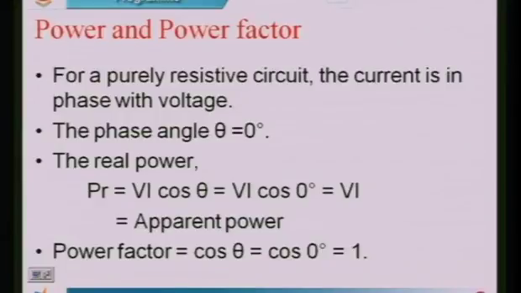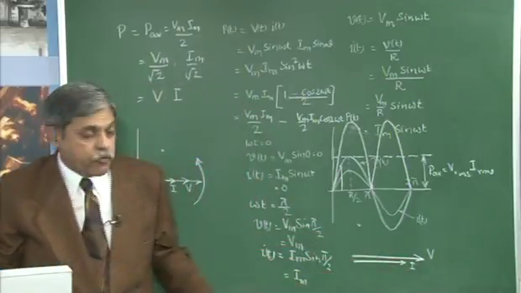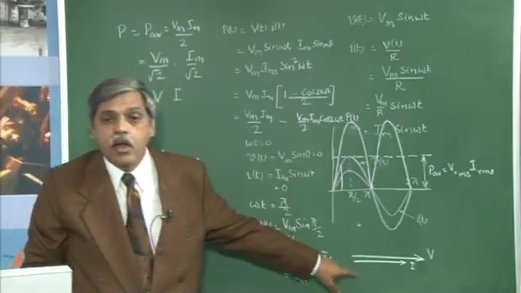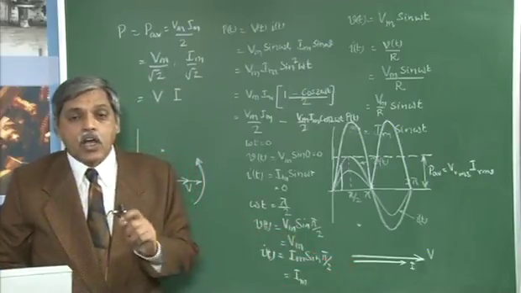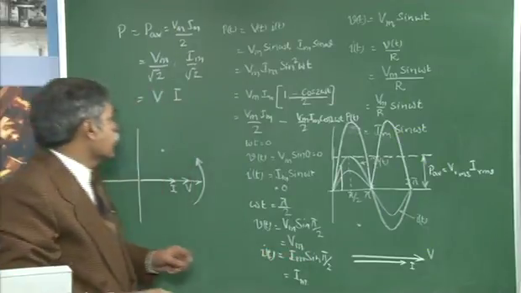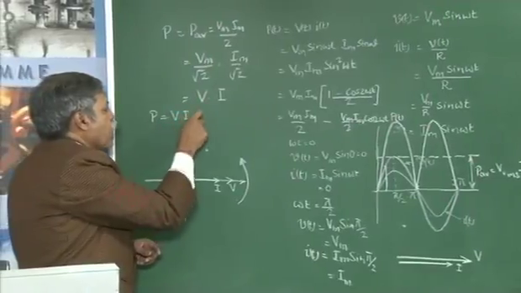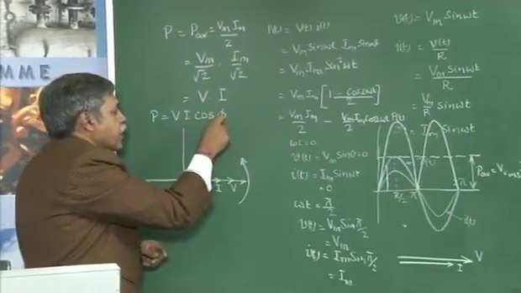So we see that for a circuit with a pure resistor, the current is in phase with the voltage. Therefore the phase angle difference between the voltage and current is 0 degrees. So I say the power factor for the pure resistor is cos 0, which is equal to 1. So the total power in a resistor circuit is VI cos phi in an AC circuit.